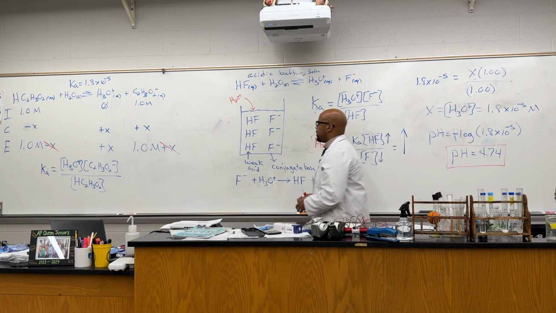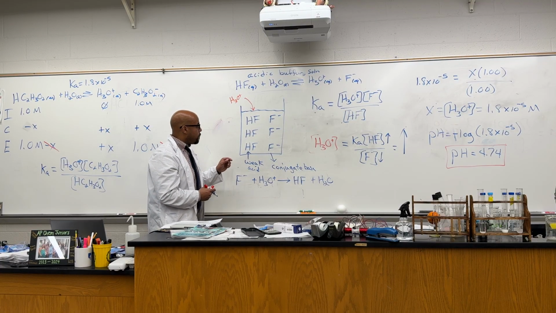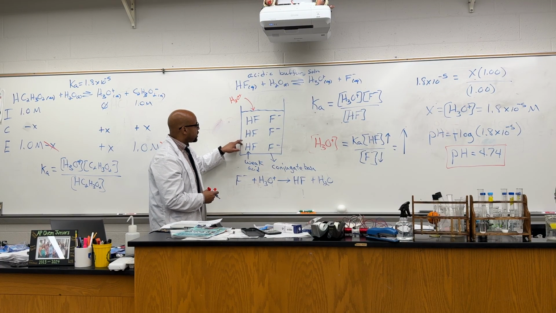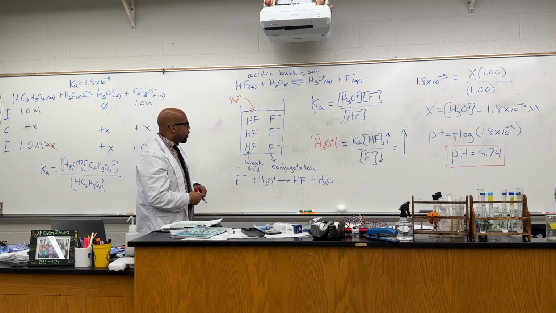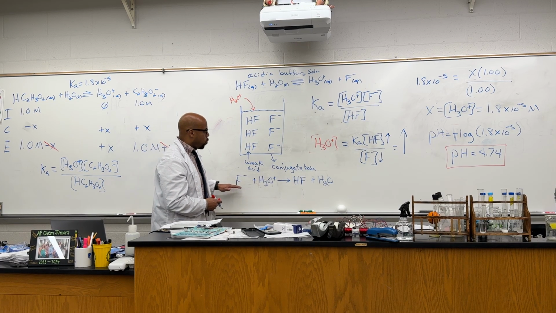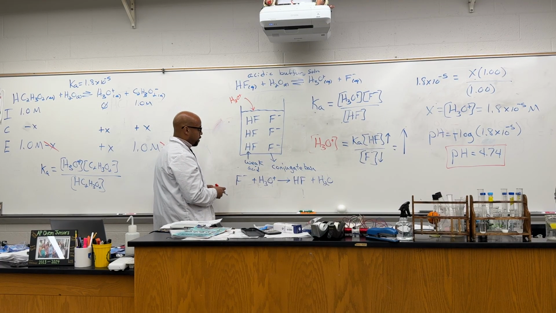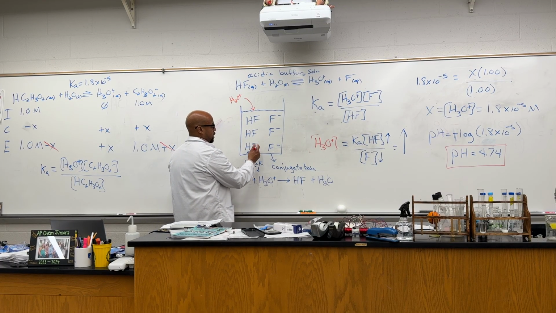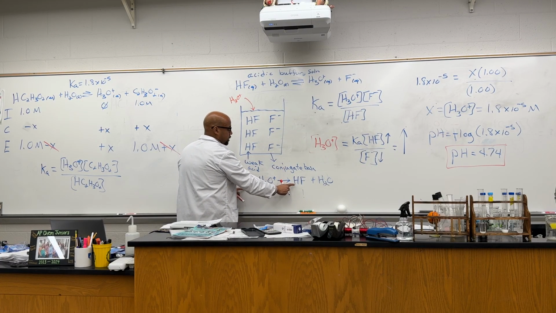To give you an analogy, let's say I have 3 HFs and 3 of the fluorides right here. If one of the neutralizations goes through, then one of the fluorides is removed, coming out and interacting with the H3O+, so it's gone.